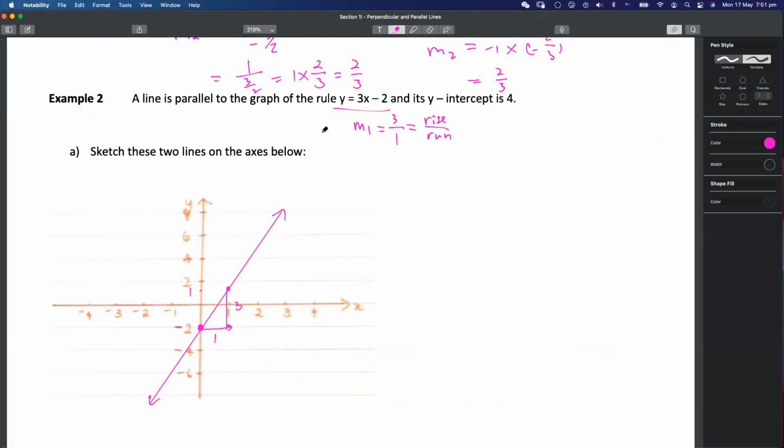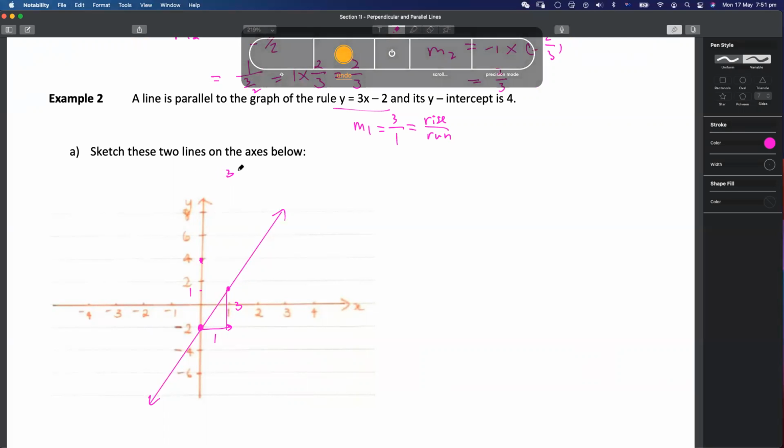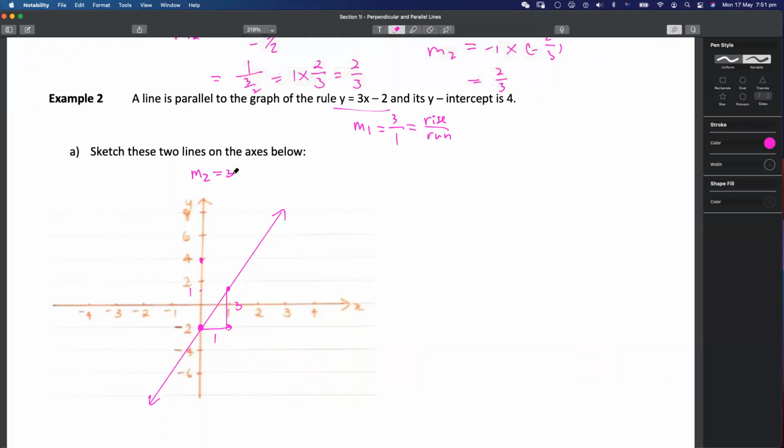Now this line is parallel to 3x minus 2, and its y-intercept is 4, right? So to make it parallel, it's got the same gradient. So we know the gradient is going to be 3. So m2 is going to be 3 as well.